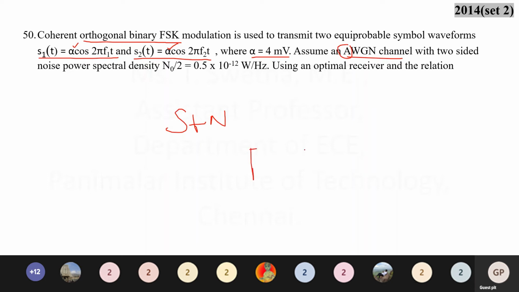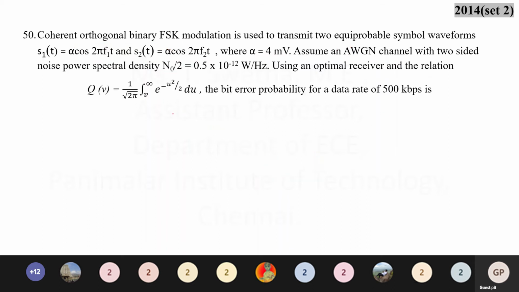So the type of channel that we're going to use is called AWGN, with two-sided noise power. For both signals we have a power spectral density of N0 by 2, and the value is also given. And an optimal receiver is used.